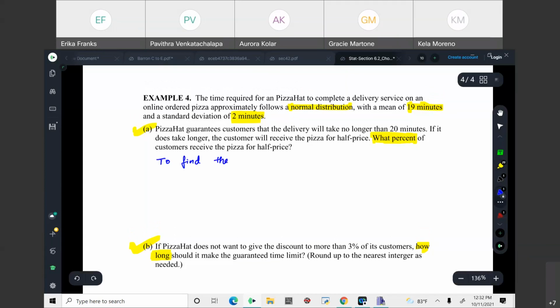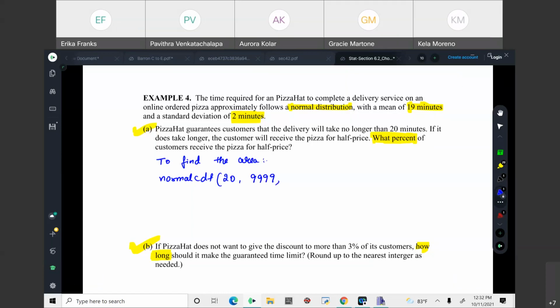To find the area or the percentage, we use normal CDF, right? And to the normal CDF, we will be giving four values, that is lower value, 20 minutes, upper value not given, so take it as 9 four times, 99, and the mean is 19, standard deviation is 2.